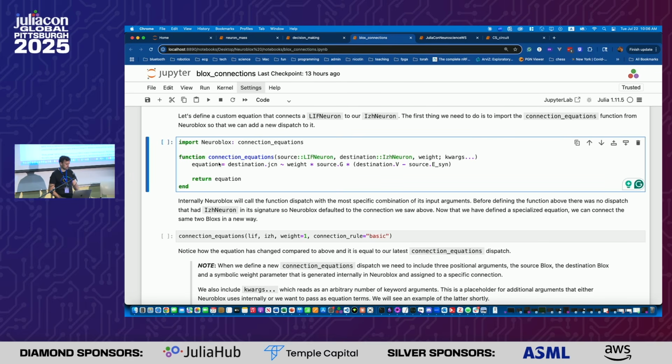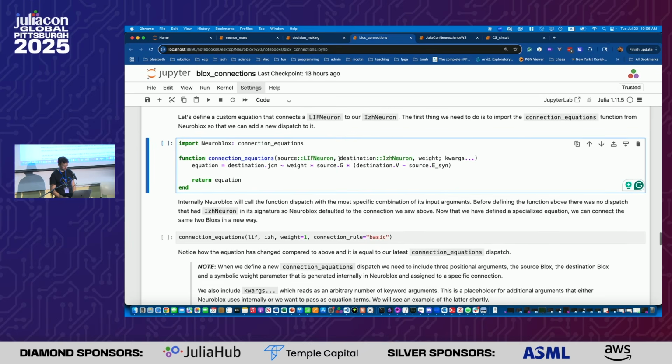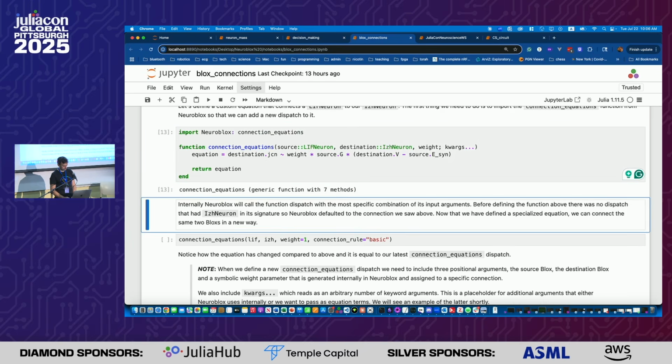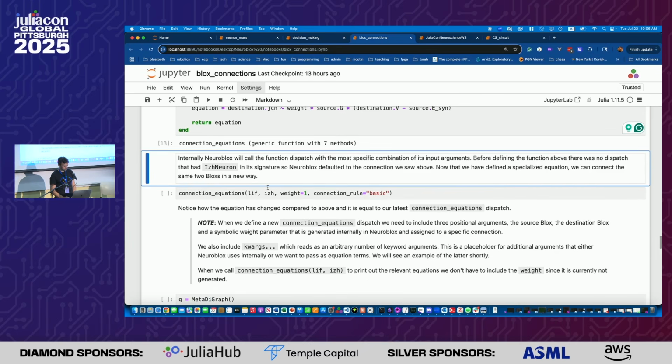This connection equations function doesn't support adding callbacks and stuff. This is just if you have a pure symbolic dynamic connection equation. So in this case, he chose to have the weight times the conductance G times the difference between this voltage and this synaptic potential. And then you just return the equation.